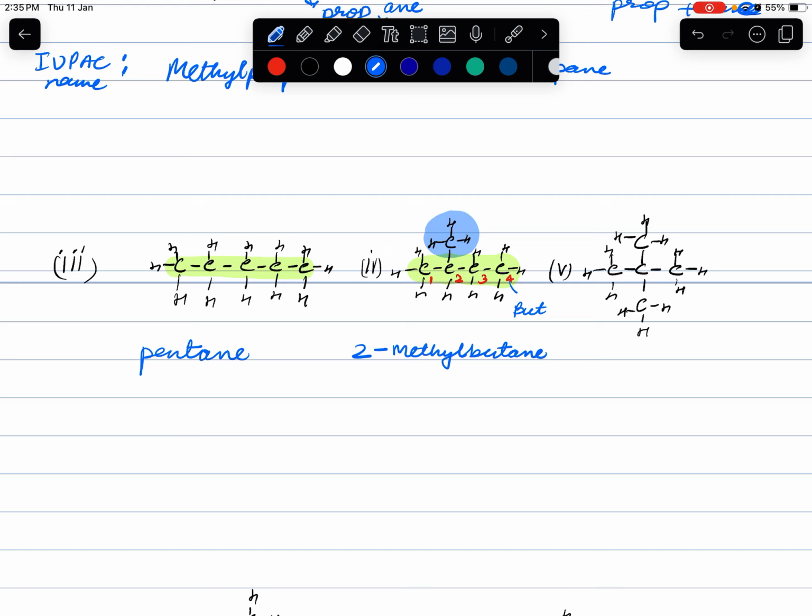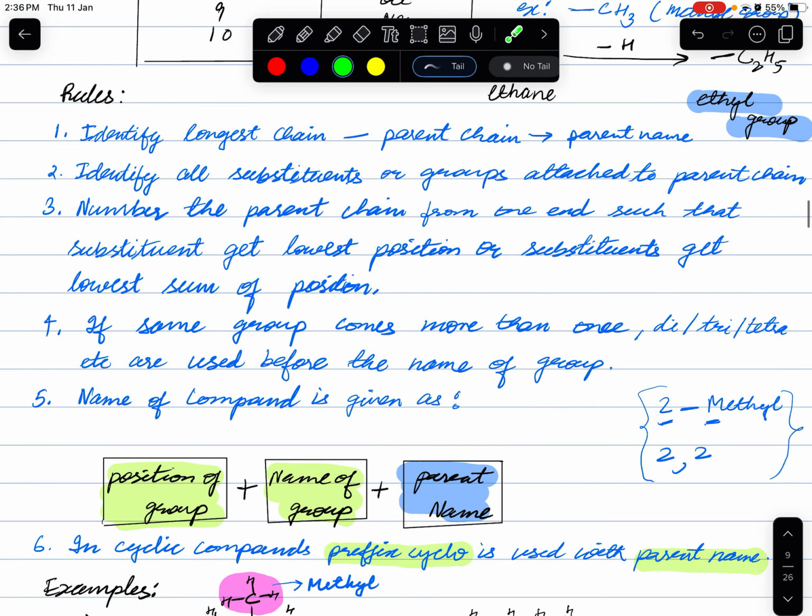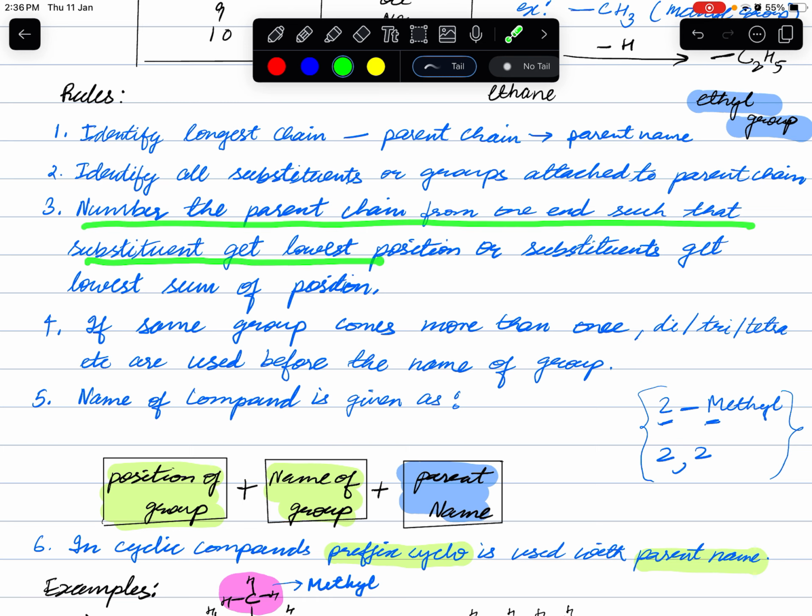We can number the chain from right hand side also. If we would have numbered from right hand side, then have a look what is the difference. If we have numbered from the right hand side, then in that case, this is 1, 2, this is third, and this is fourth. Your branch is getting on third carbon, and what we have said in the rule, number the parent chain from one end such that substituent get lowest position.